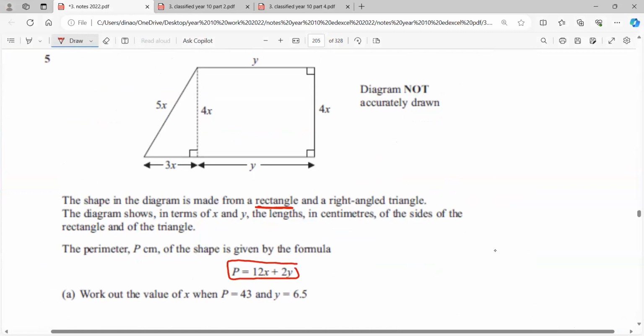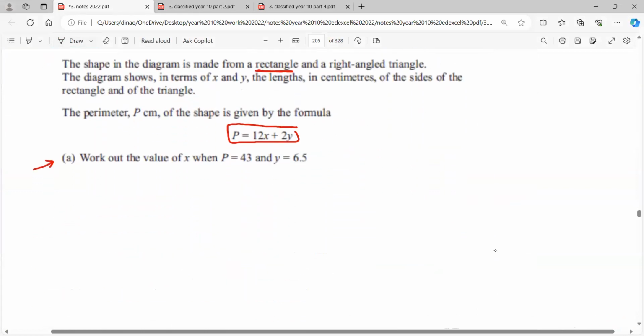Now, this is a very simple equation. This is a very simple question related to substitution. Okay, work out the value of x when p is equal to 43 and y is equal to 6.5. Now, since we discussed the subject of the formula, what I would do is make x the subject first in this formula.